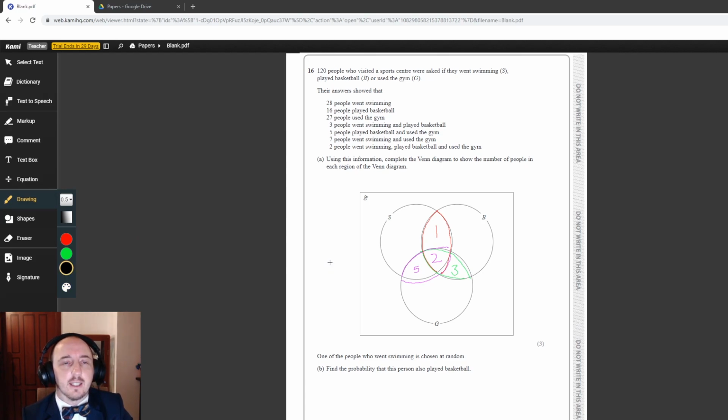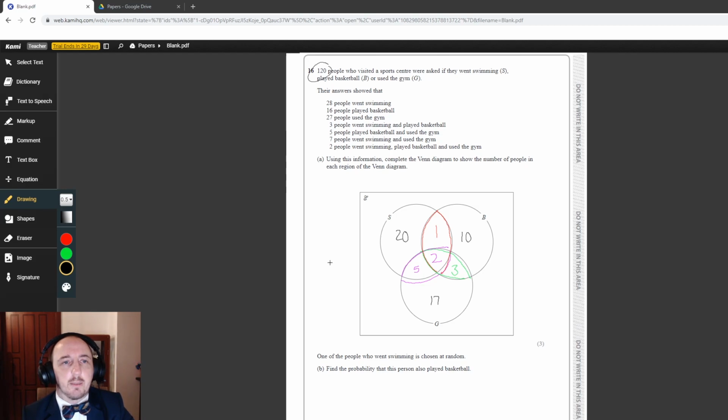We can then look at the top pieces of information. 28 people went swimming, so we need 20 to make that equal 28. For the basketball, we need 16, and we've already got 6 inside the circle, so we need another 10. And for the gym, 27, we've got 10 there, so we need another 17.